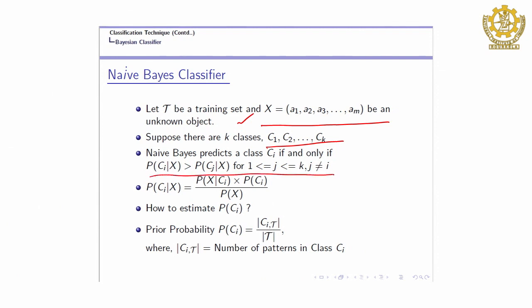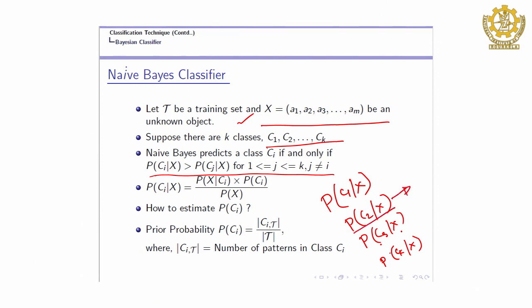So, what you ideally do is compute the probability of class 1 given X, the probability of class 2 given X, the probability of class 3 given X, and the probability of Ck given X. Wherever the value is maximum, let us say here this value is greater than all the other values, then the class level of X will be C2. Okay. So, instead of a 2 class problem, now we are talking about the multi class problem.